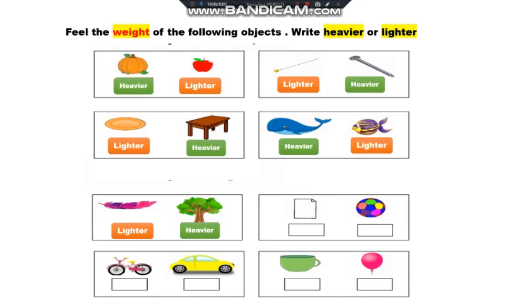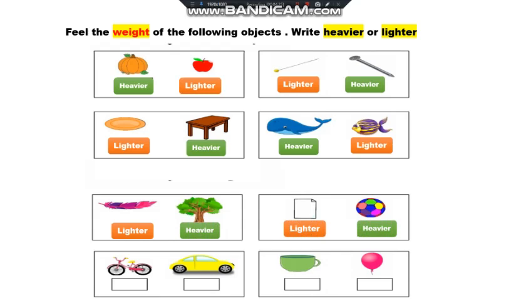The sixth picture is a book and a football. The book is lighter, and the football is heavy in weight, that is heavier.